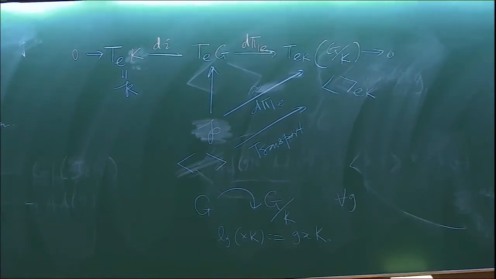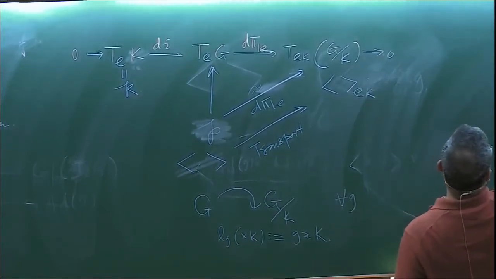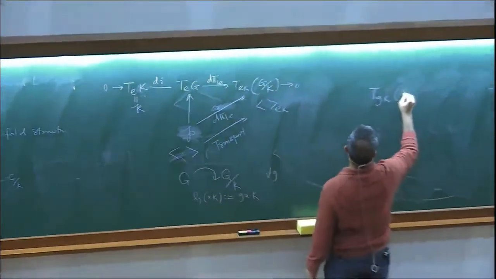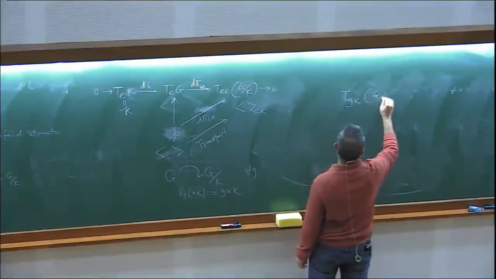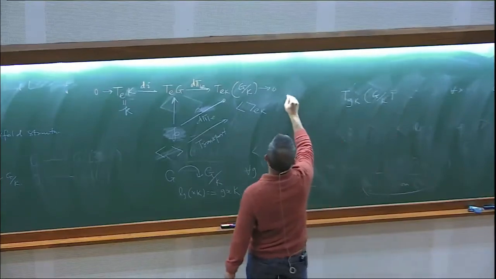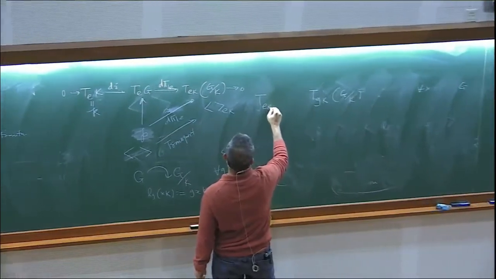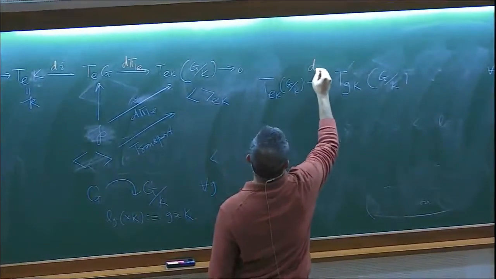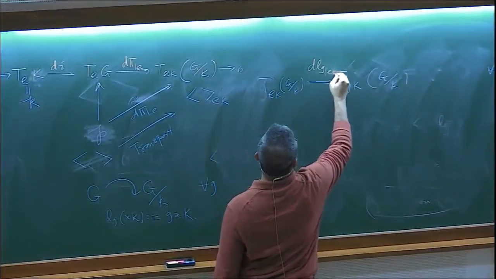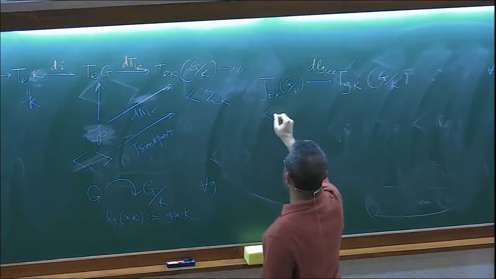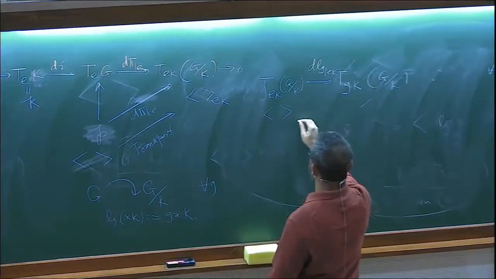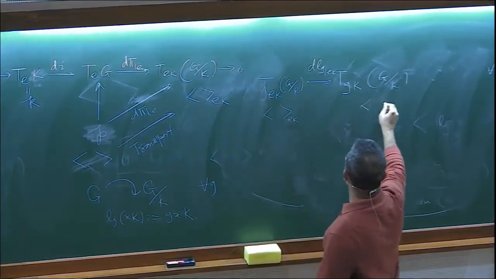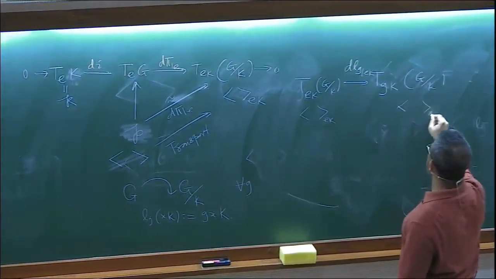So I take any other point gK. I have T_Ek G mod K, and I have this map dL_g at Ek. So I have an inner product here, and I transport that inner product to gK.